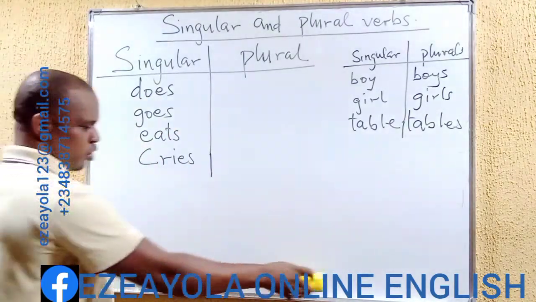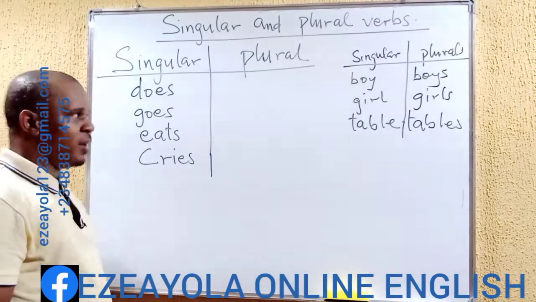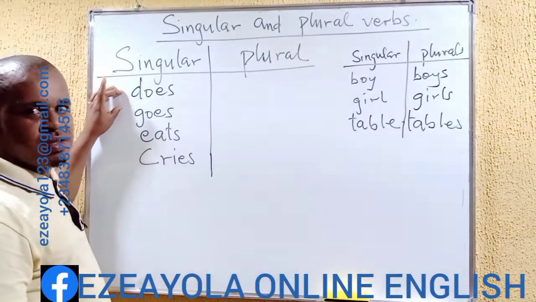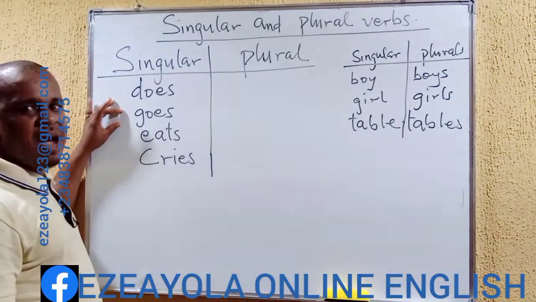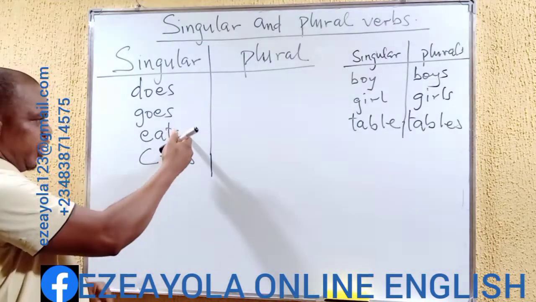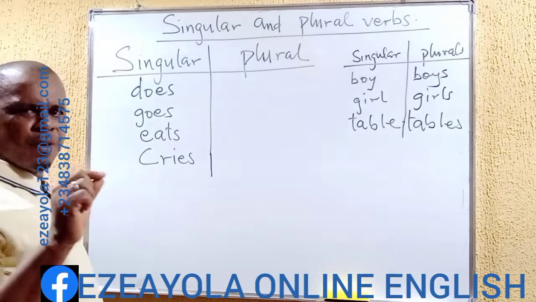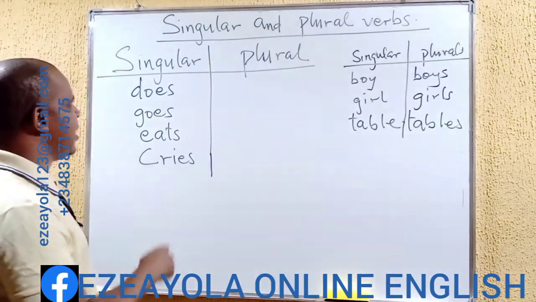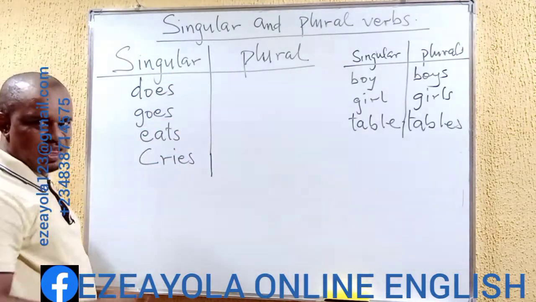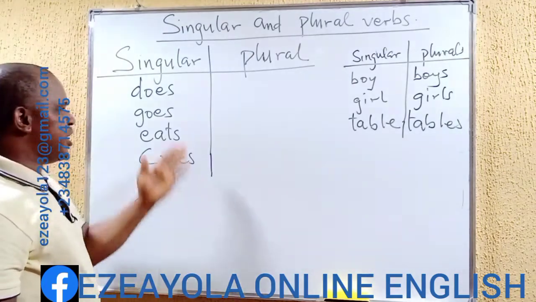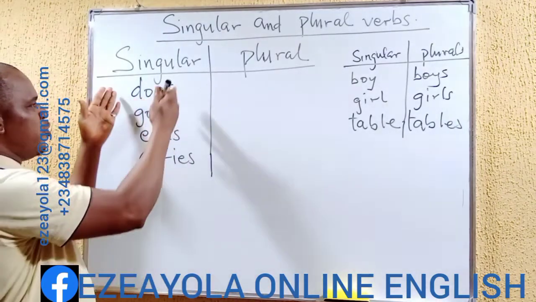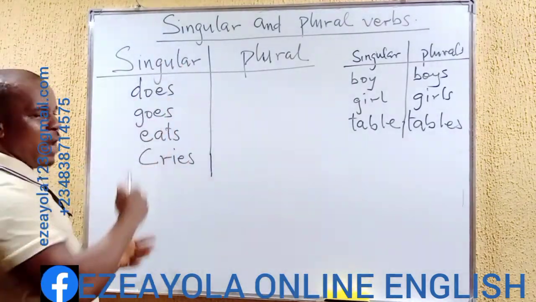Here we have these words as verbs. The first one is does. And the second one is goes. We have eats. We have cries. Now, very important, let's take note of something. These are verbs, actually, they are not nouns. And these verbs, they are all written in their singular.